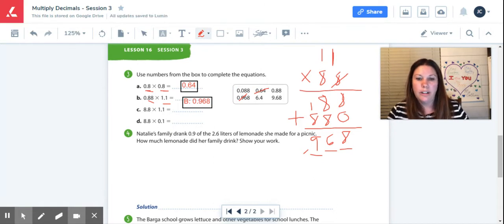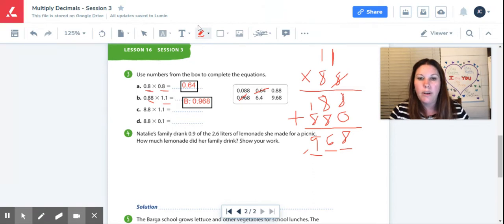Okay, now we're on letter C. So 8.8 times 1.1. Well, I'm multiplying the same numbers, 88 and 11, if you don't think about the decimals. Since I'm multiplying the same numbers, I know that my answer is right here, 968. But what's going to change is where the decimals are at.